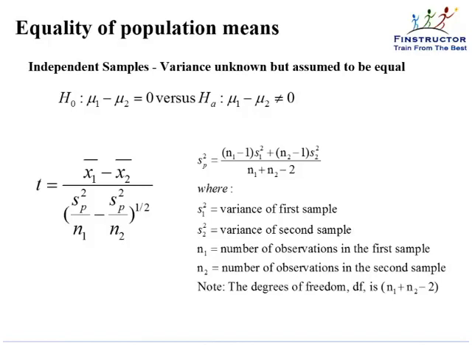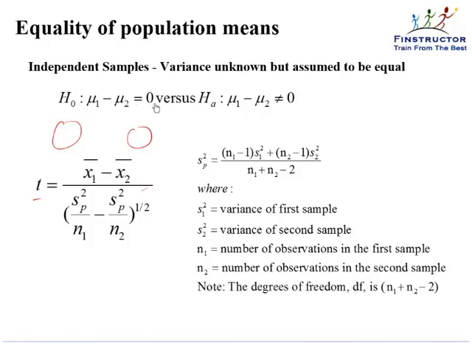Yes, I can. So to test such hypotheses, we need to conduct a t-test which has the following test statistic. That is, we will take two samples, one from the CFA population, one from the FRM population, and calculate the means of both samples.